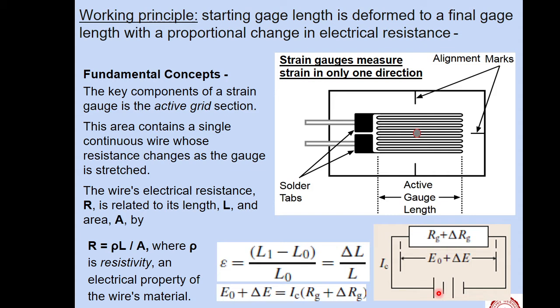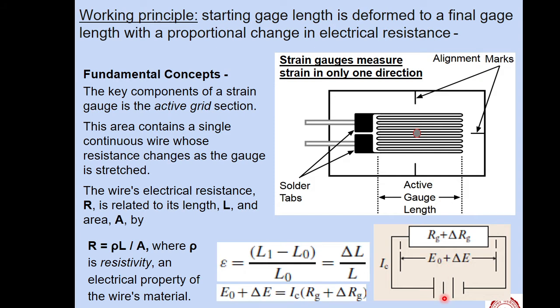Initially there was a voltage drop across this resistance. So if we put a voltmeter, a galvanometer, across this resistance, we will get a voltage reading, say E0.